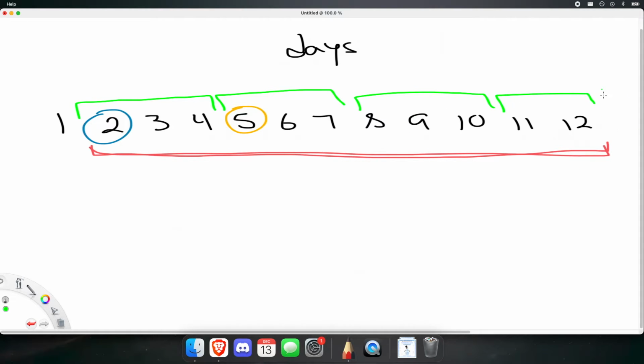Another way we can figure this out programmatically is by using the modulo operator. In total, there's 12 days, and it started on the second day, so 12 minus 2 is 10. There's actually 11 here, but that's fine.